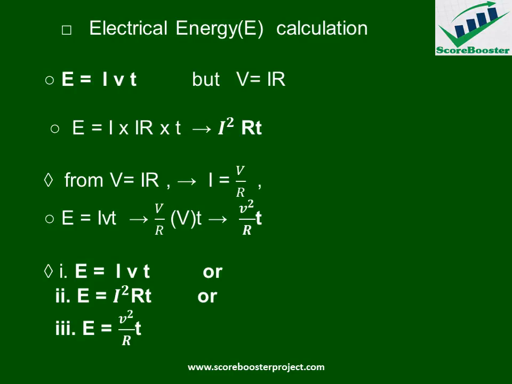So the three formulas are E equals I phi t. Then the second one is E equals I square RT. And the last is E equals phi square t over R. E in this case is energy in joule, I is current in ampere, phi is potential difference in volts, t is time in seconds, R is resistance in ohm.